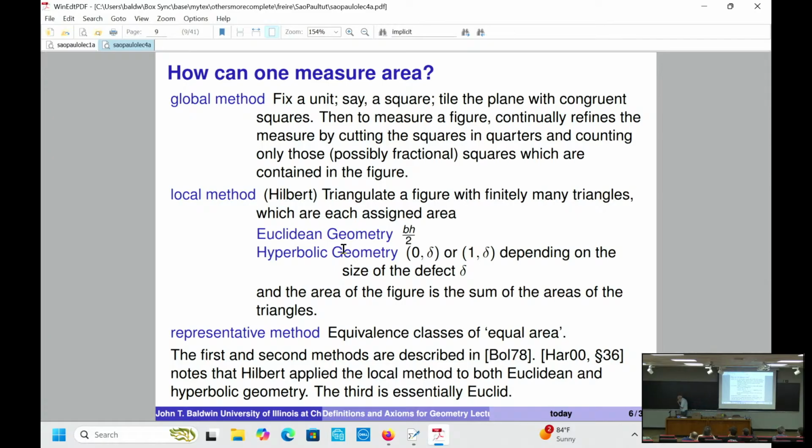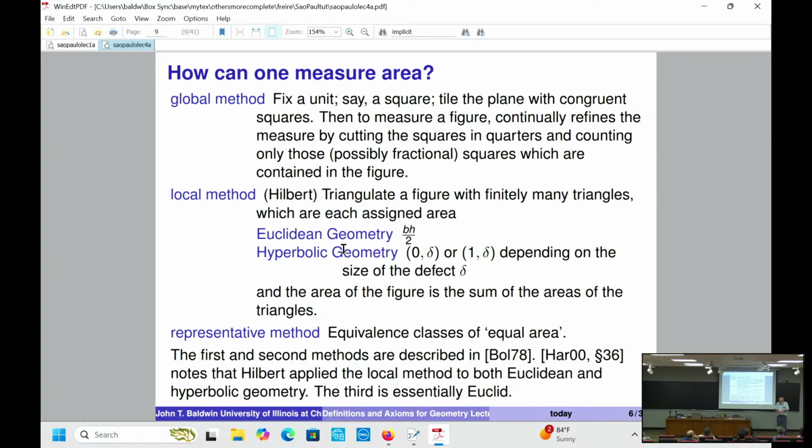So how do you compare areas? I want to say 3 different ways of how you might say 2 things have the same area. The first one is, I don't know, the physicist method, or the way people actually measure area. You cover by little squares.